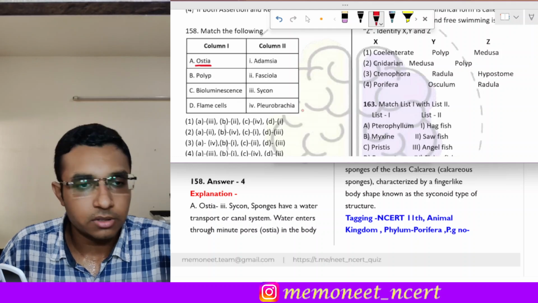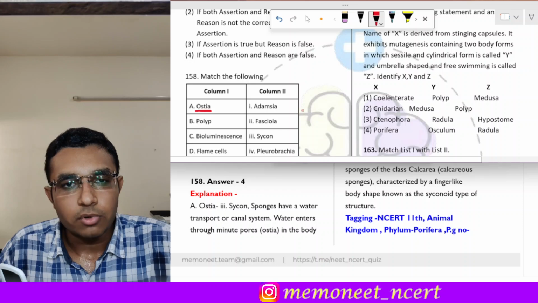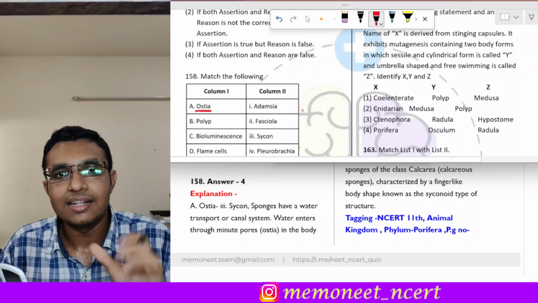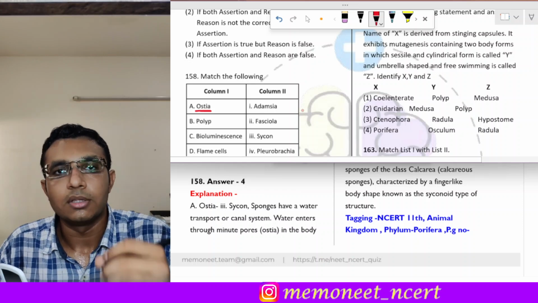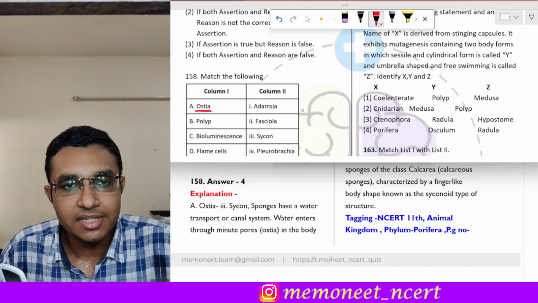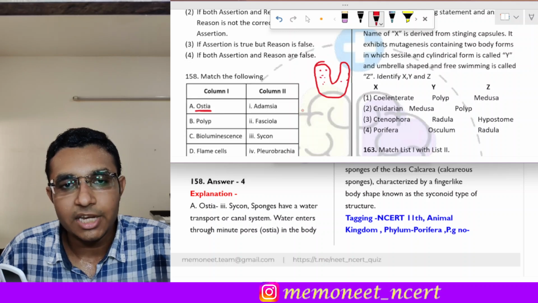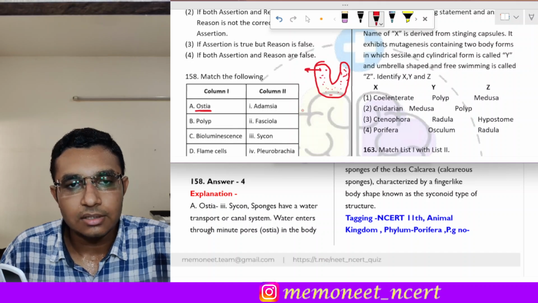Now what are ostia first of all? See, ostia are the tiny pores which are present in the water canal system in the sponges or the phylum Porifera. So what is the structure which is basically present in them? It is like this. There are certain ostia which are present on the body surface. So ostia are many pores which are present in the body surface. So these are the ostia.